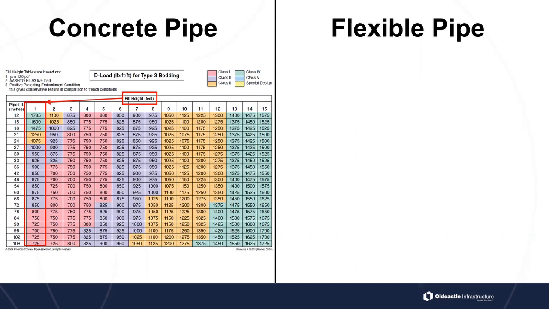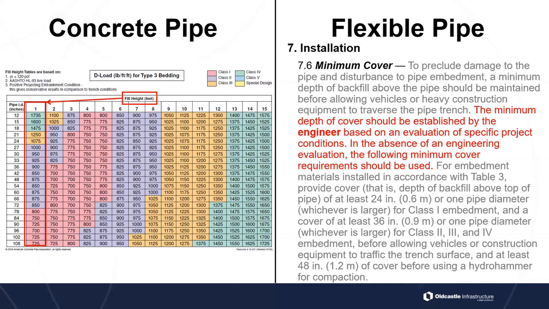We can look at some of the others there, the other sizes: for a 12-inch, a 15-inch, 18-inch, we'll need a class 4. For 21 and 24, we can do a class 3 pipe, and all the rest, if we have just 1 foot of cover on it, we can go class 3 or less. So we should be fine there. So that's how we figure out minimum cover requirements for concrete pipe and how the engineer verifies that, but it's a little bit different on flexible pipe.